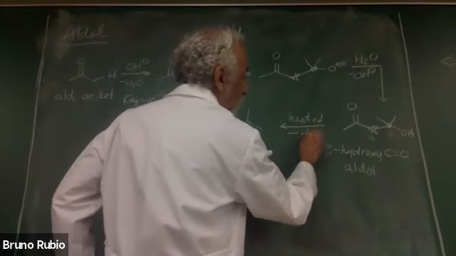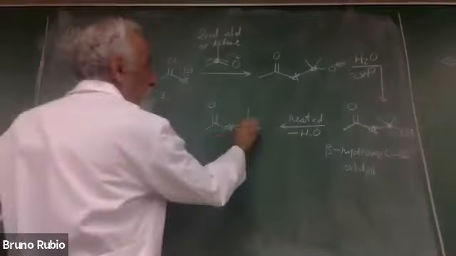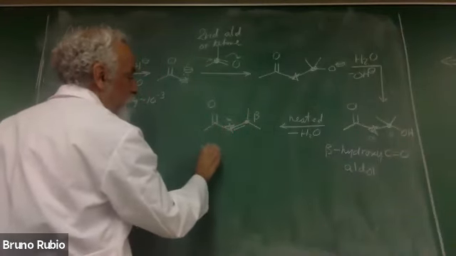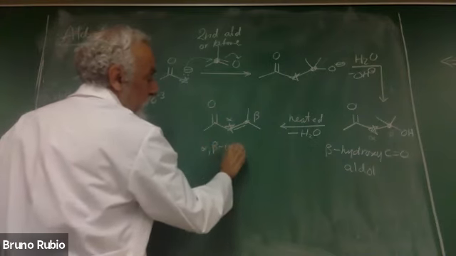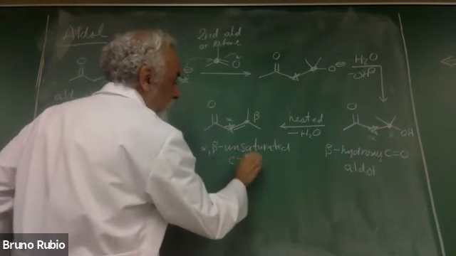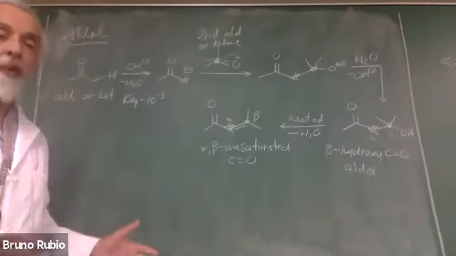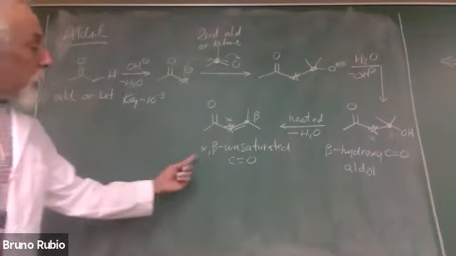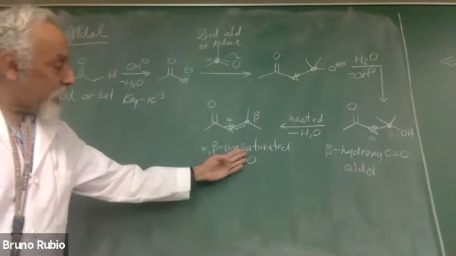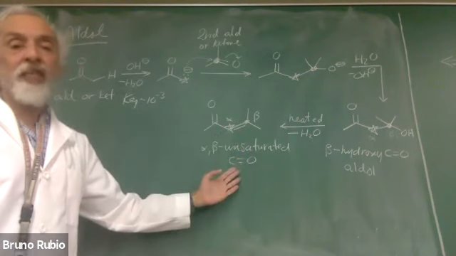This loses water to become an alpha beta unsaturated carbonyl. This guy is usually what we're going for when we do an aldol reaction. All right, so what about this terminology? Alpha, beta, unsaturated. Unsaturated means a double bond between alpha and beta, and then it's a carbonyl compound.